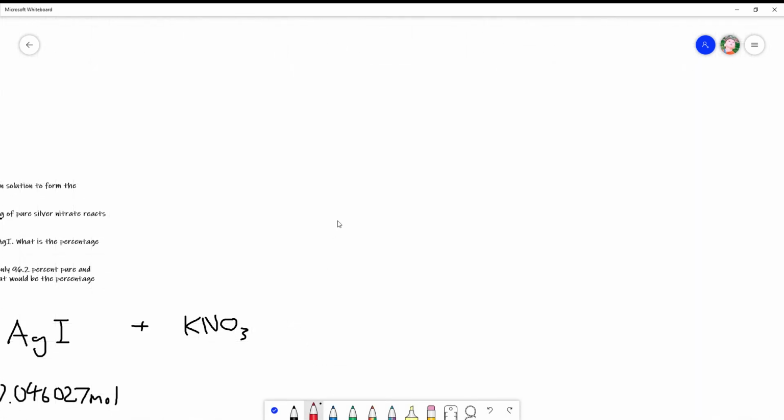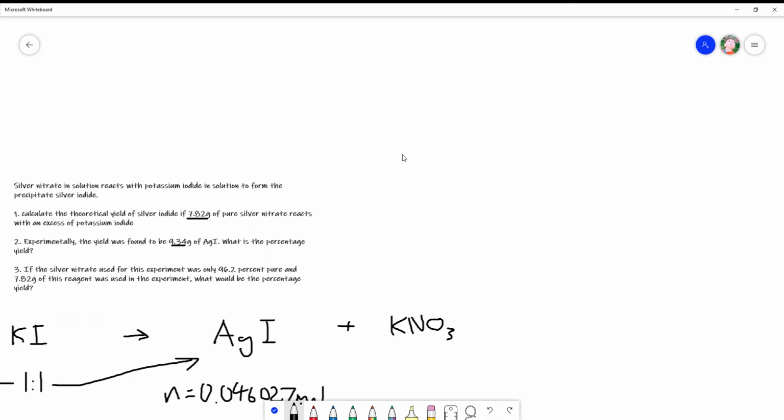We know for question 2, the percentage yield is 86.42%.